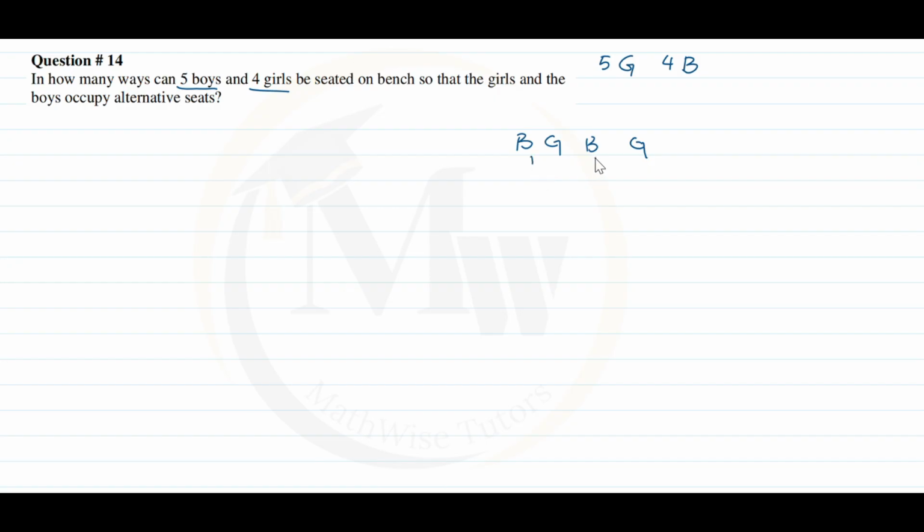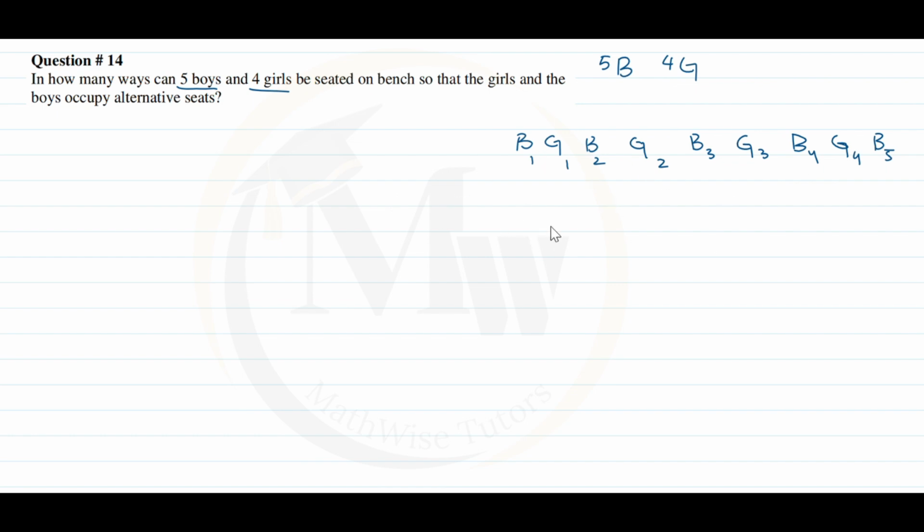So if we call it B1, G1, B2, G2, B3, G3, B4, G4, and B5, these are 5 boys and 4 girls. So we should start with boys so that it can end up with a boy.